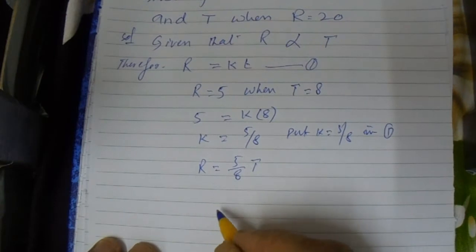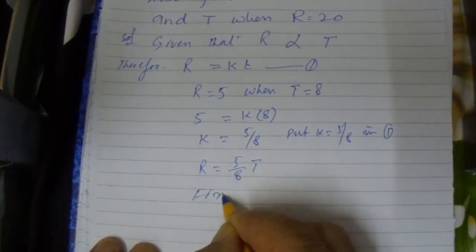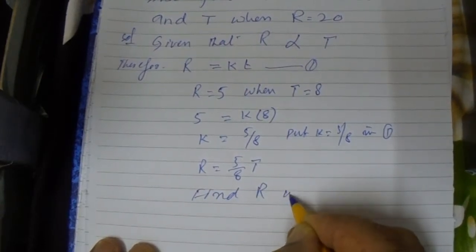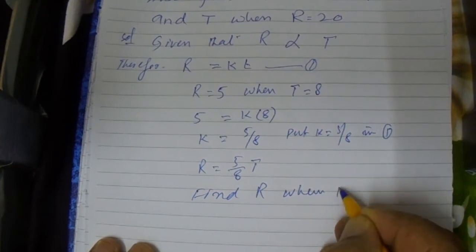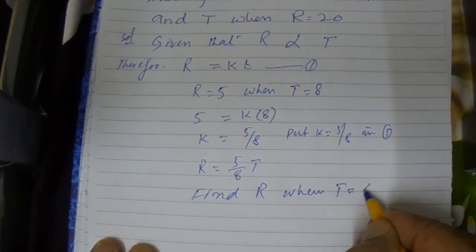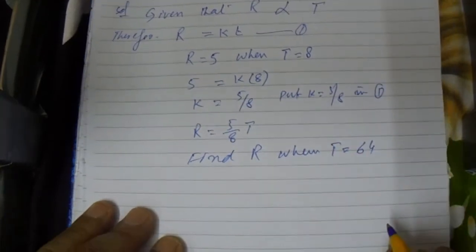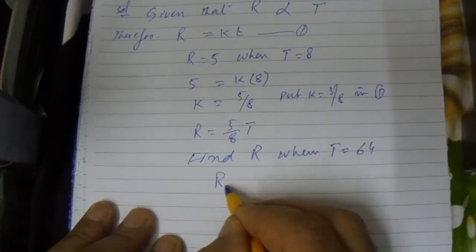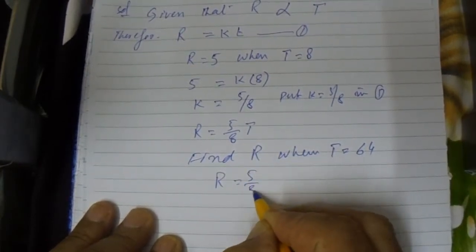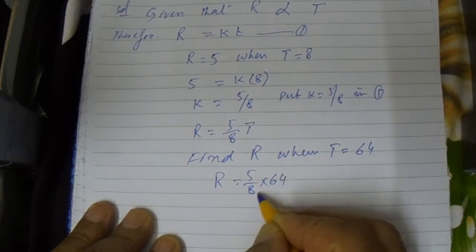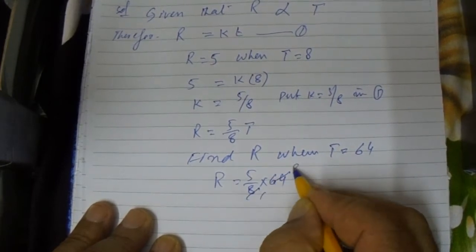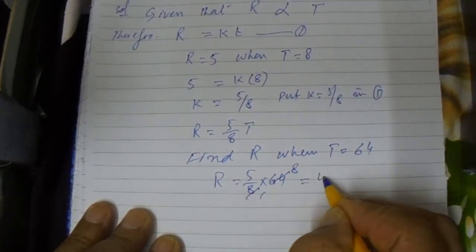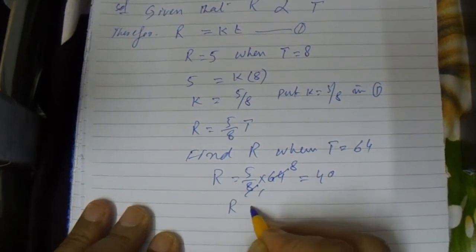Now find r when t is equal to 64. Now we put the value here, 64. r is equal to 5 by 8 multiplied by 64. 8 ones are 8, 8 eights are 64, 8 fives are 40. Now r is equal to 40.